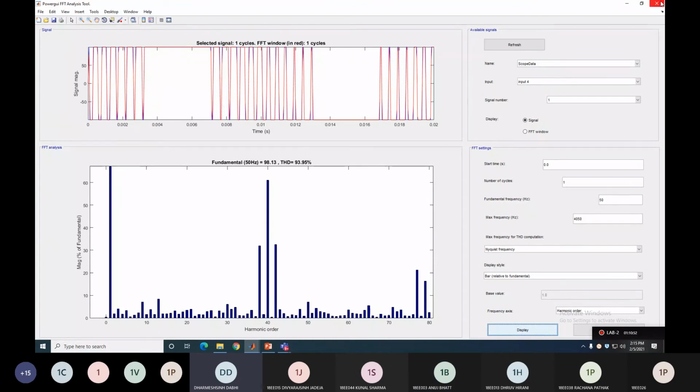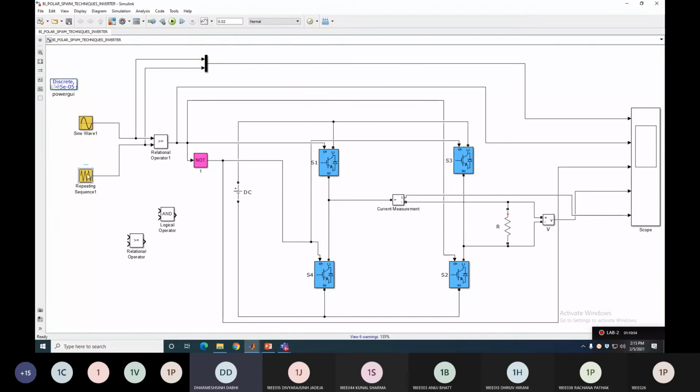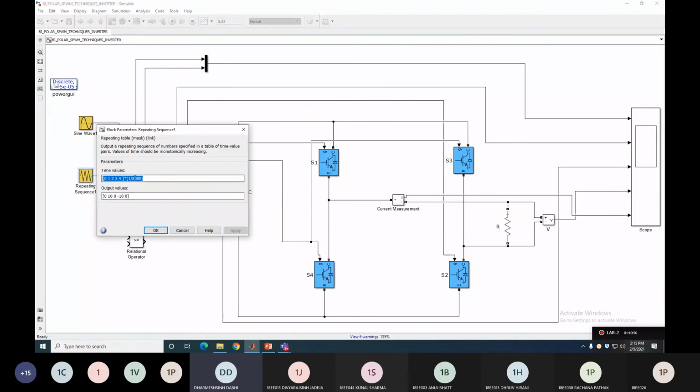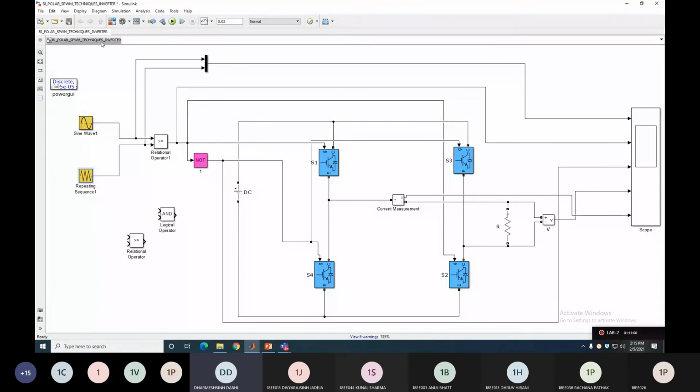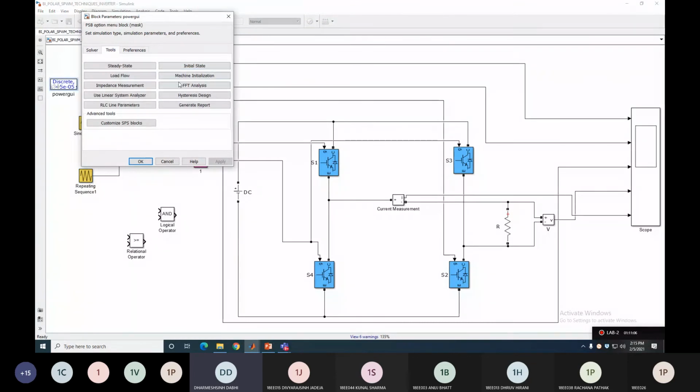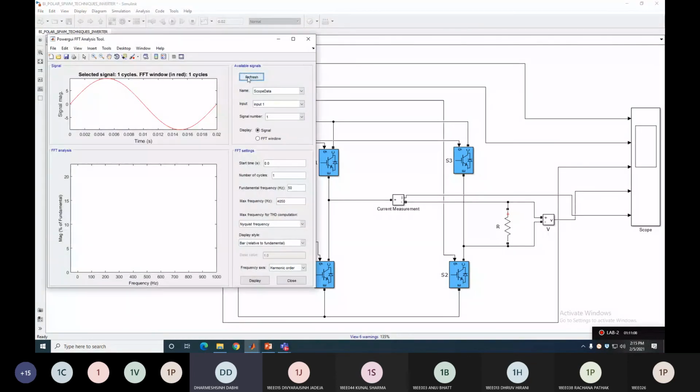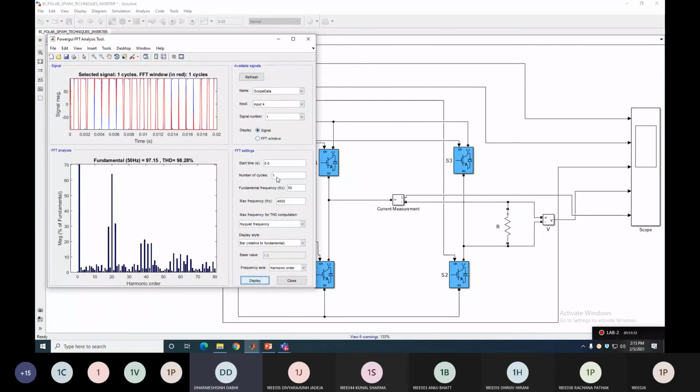So let's set this frequency back to 1000 hertz and check what the other dominant harmonics are. Let's again do the FFT analysis. Now you get the 20th order dominant because we set 1000 hertz.